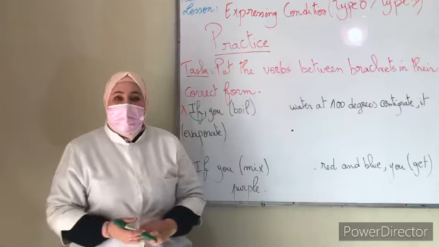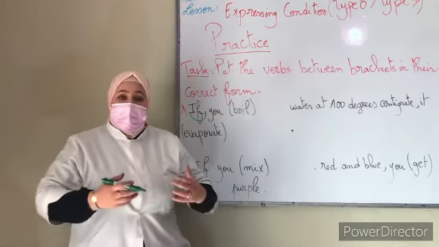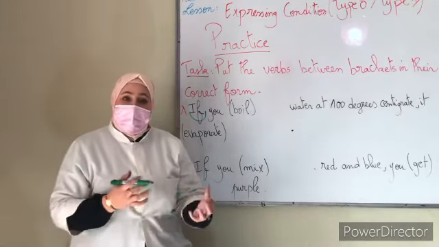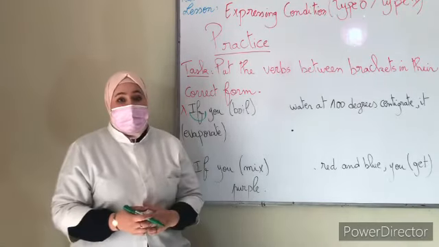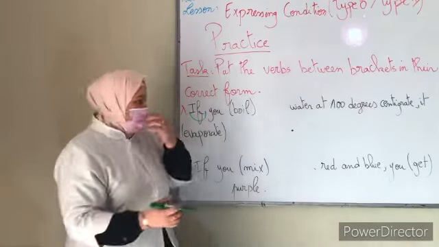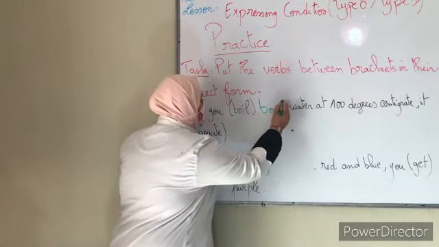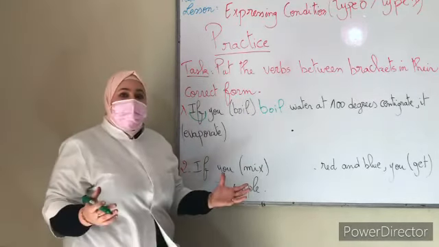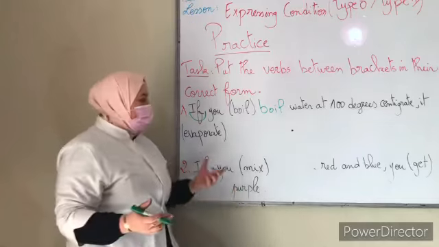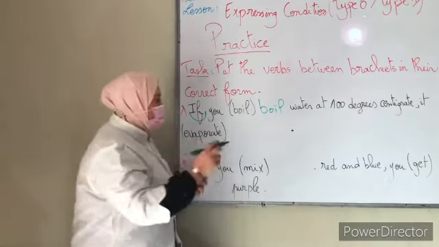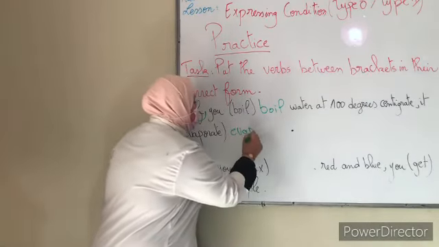That means we're going to use conditional type 0. When we use conditional type 0, both verbs are in the present simple because it is a fact. So, if you boil water at 100 degrees centigrade, it evaporates.